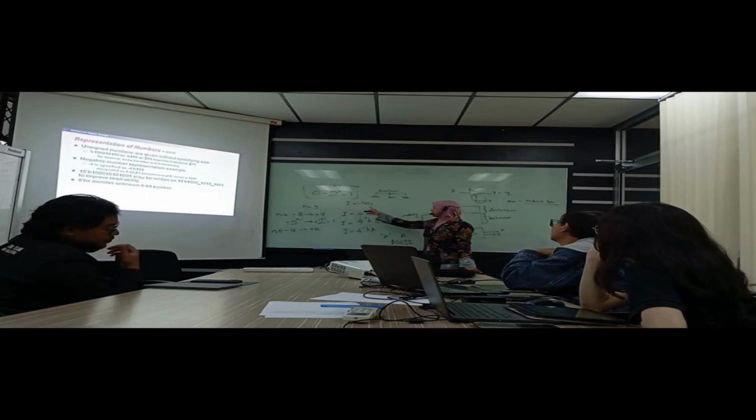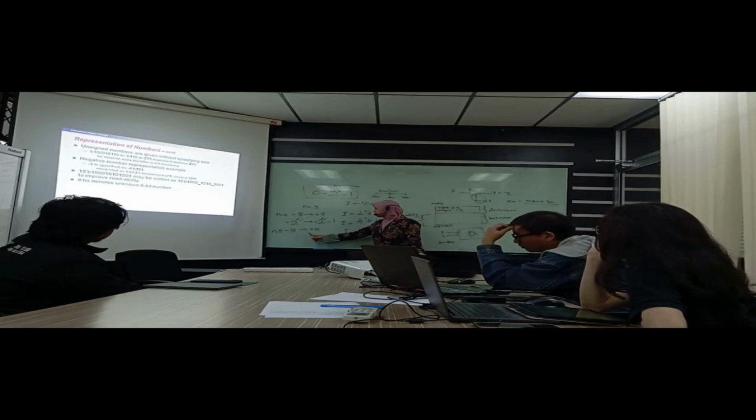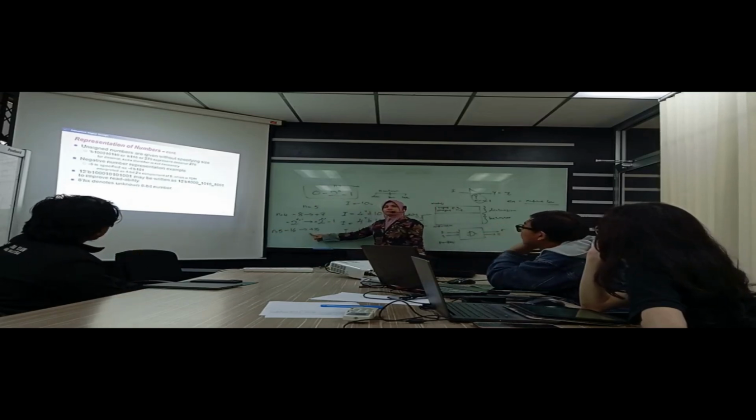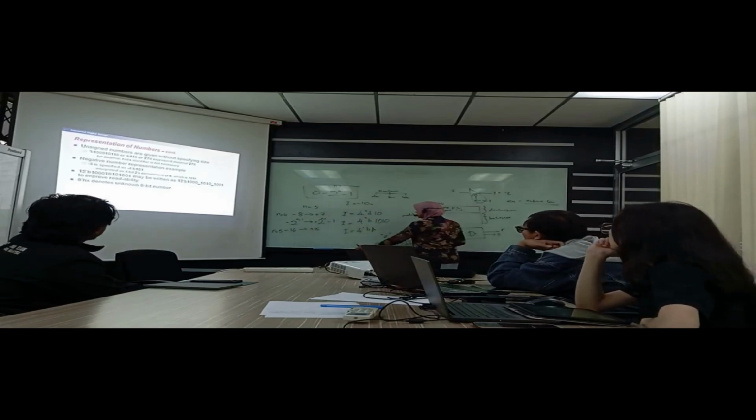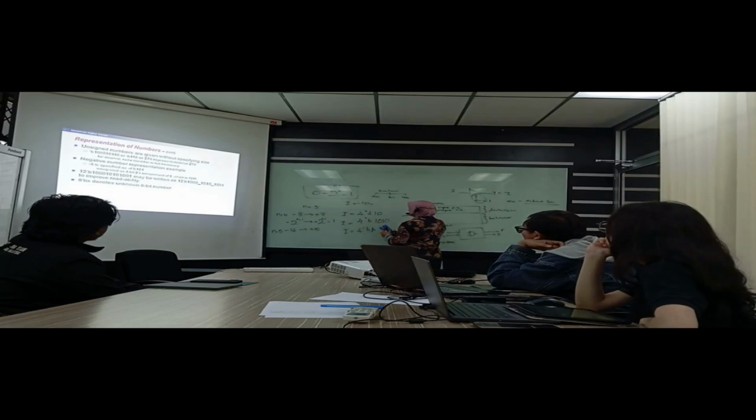So negative 10 must be placed in here. So my number of bits for negative 10 should be 5. Five bits. How to write it?